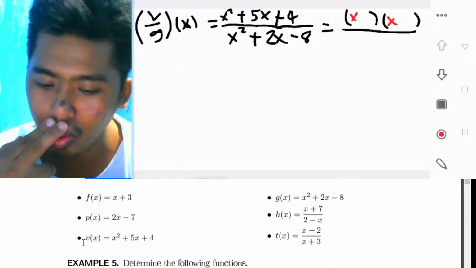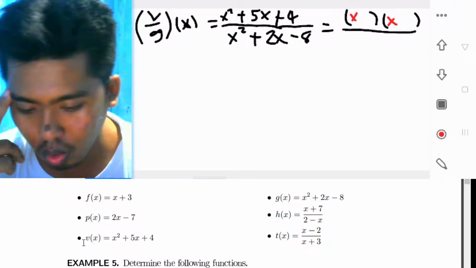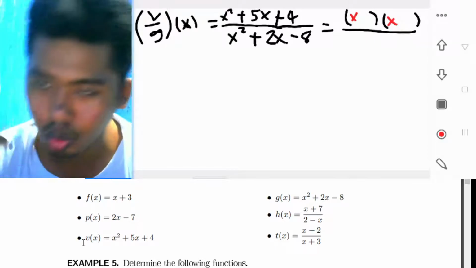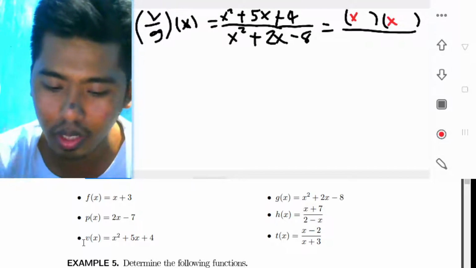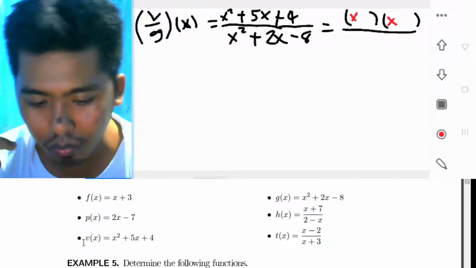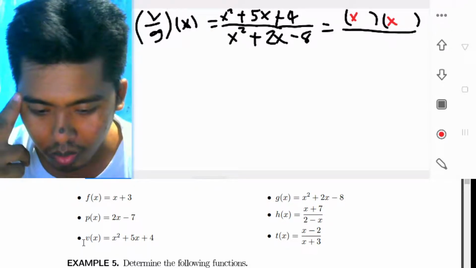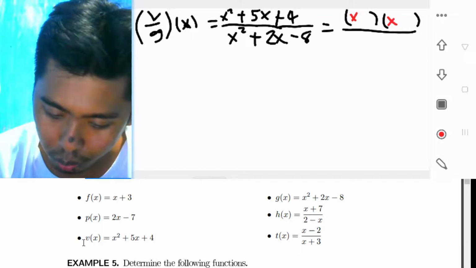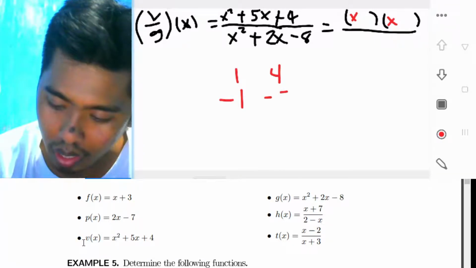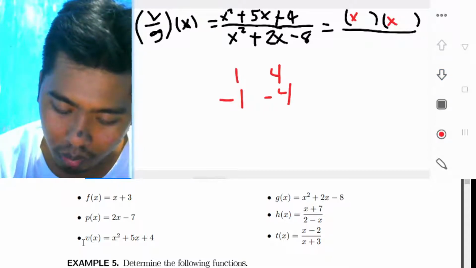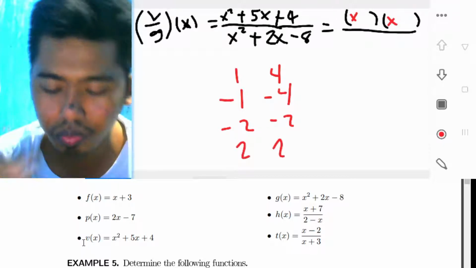How about the third term, which is 4. In order to have a product of 4, you can multiply 1 times 4, or negative 1 times negative 4, or you can also have 2 times 2, or negative 2 times negative 2, right? So I'm going to put here 1 and positive 4, 1 and negative 4, negative 2 and negative 2, and positive 2 and positive 2.